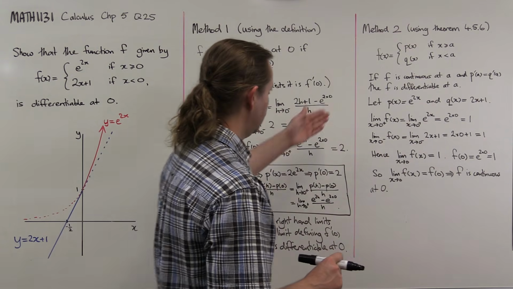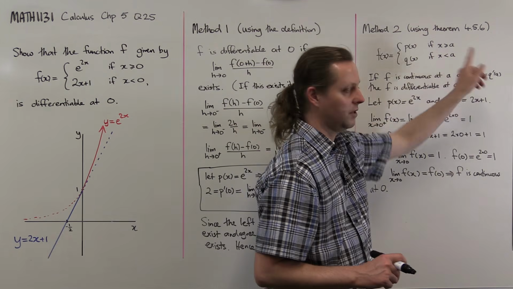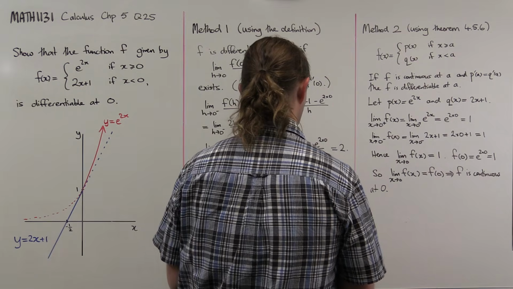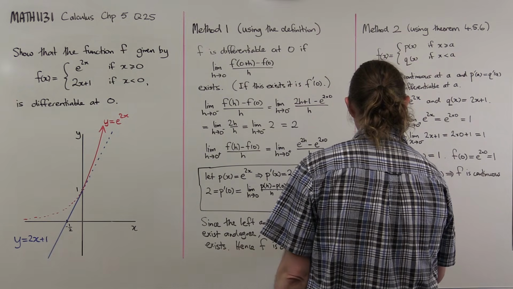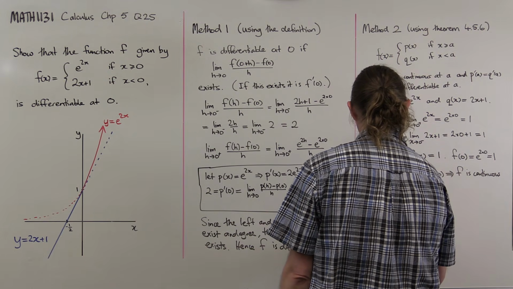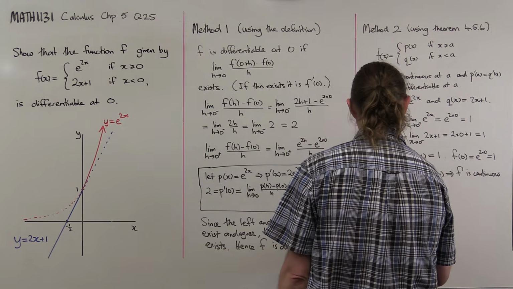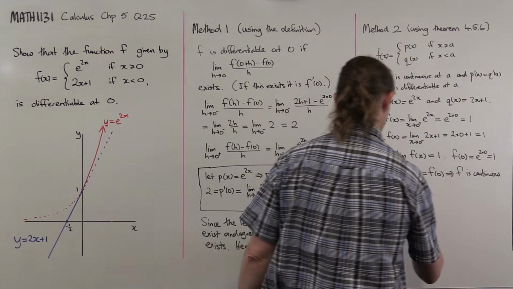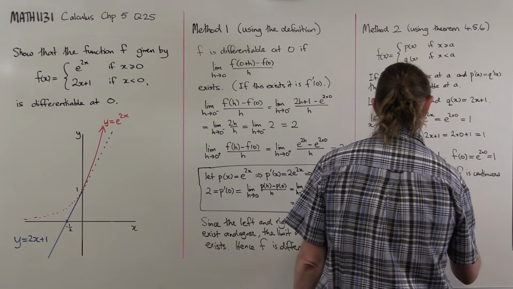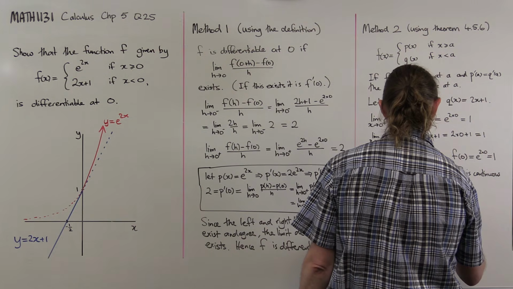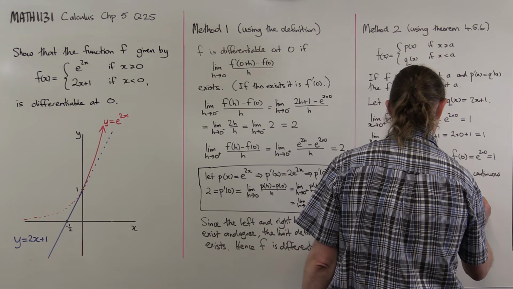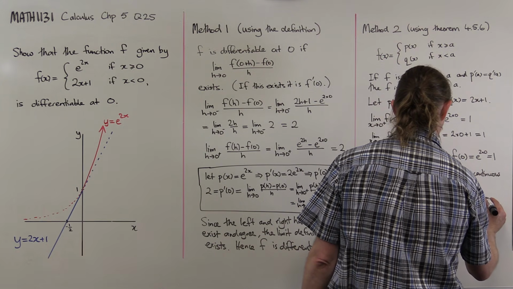Okay, we then just need to check, according to this theorem, that the derivatives of the two different functions agree at this point where they meet. So let's calculate p dashed of x for this p of x, e to the 2x. That's 2 e to the 2x. That tells us that p dashed of 0 is 2 e to the 2 times 0, which is 2.